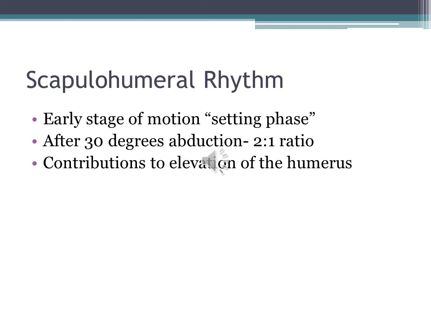For every 2 degrees of glenohumeral motion, you have 1 degree of motion occurring at the scapulothoracic joint, with the first 30 degrees being what we'd call the setting phase, meaning that in that first 30 degrees of motion, you have that all coming from the glenohumeral joint, and then after that, getting the overall 2-to-1 ratio.